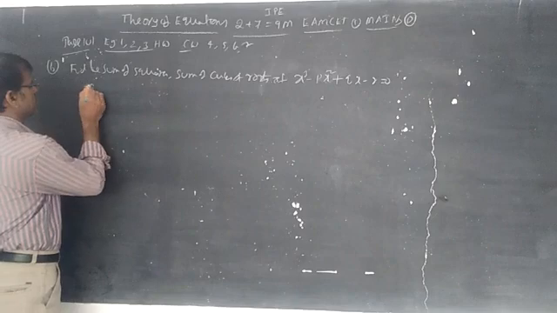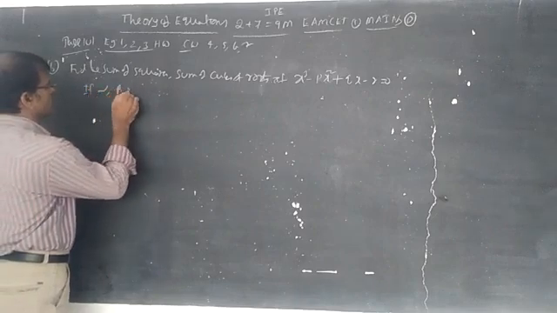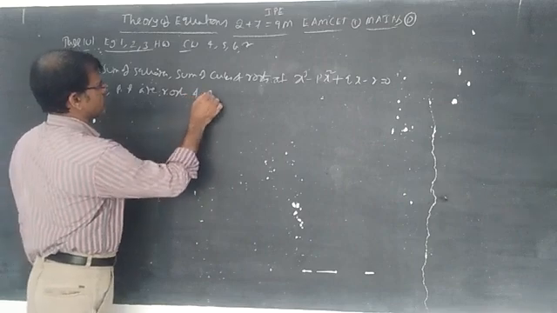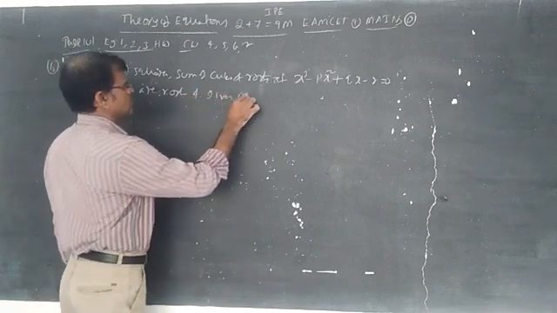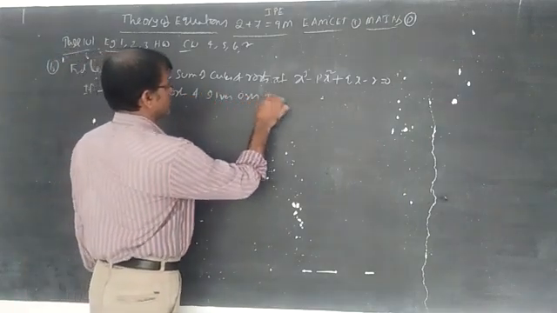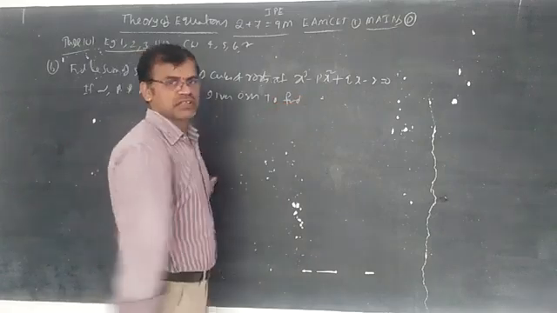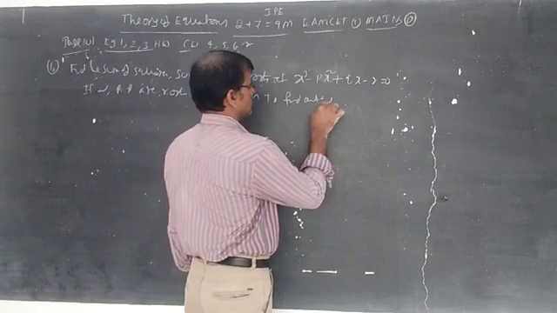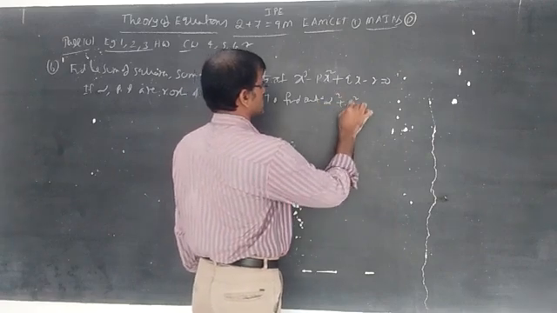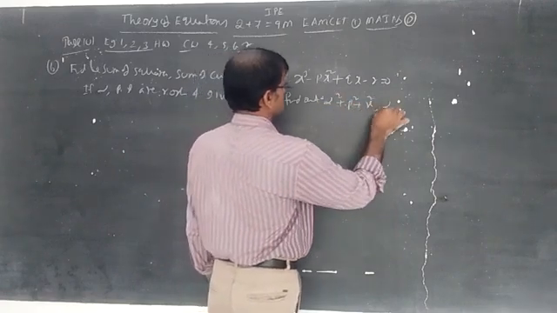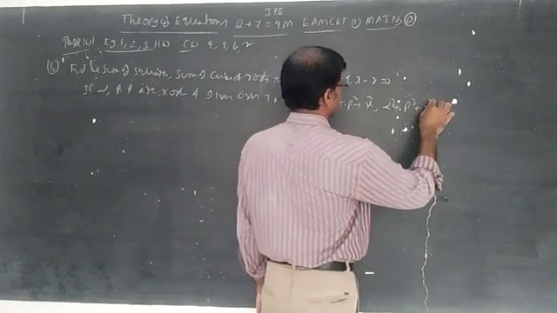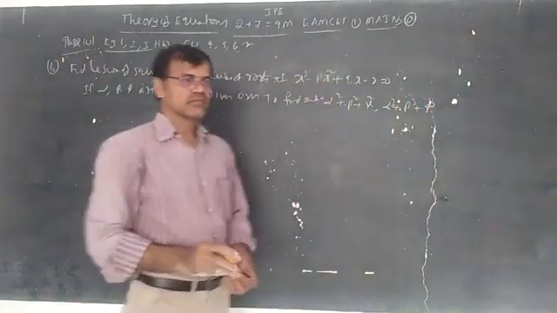If alpha comma beta comma gamma are roots of the given equation, to find out, he is asking that sum of squares and cubes. To find out alpha square plus beta square plus gamma square comma alpha cube plus beta cube plus gamma cube.